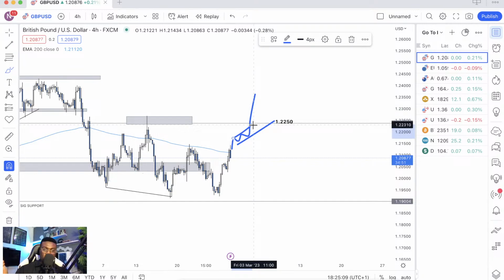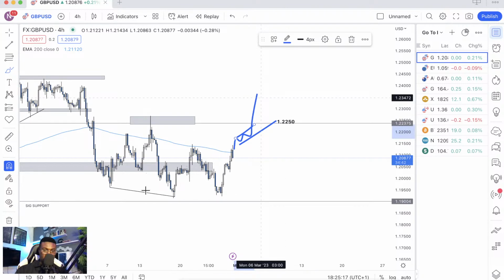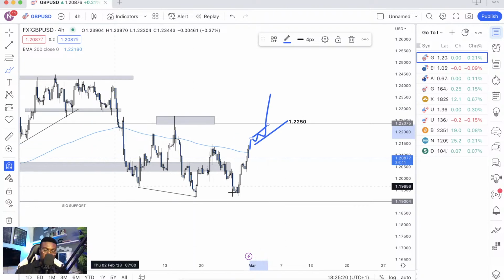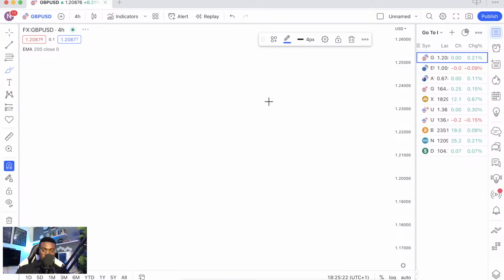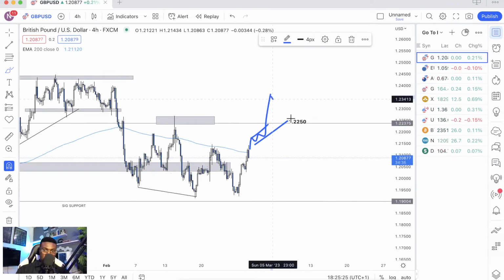then I'll start to look for, if the pound dollar market does that, then I'll start to look for buying opportunities in this market, because then this is going to serve as a kind of triple bottom. And then you get to see a retest and continuation to the upside.